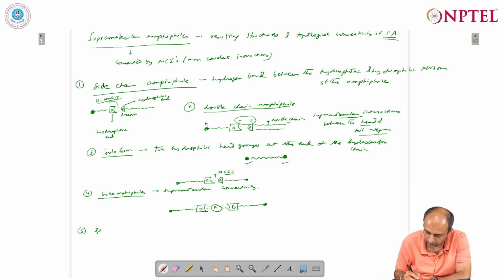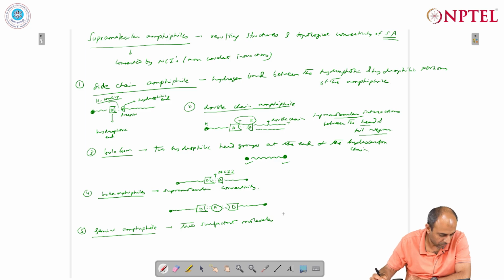The fifth one is referred to as the Gemini amphiphile, where we have got two surfactant molecules that are linked at their charged head group.